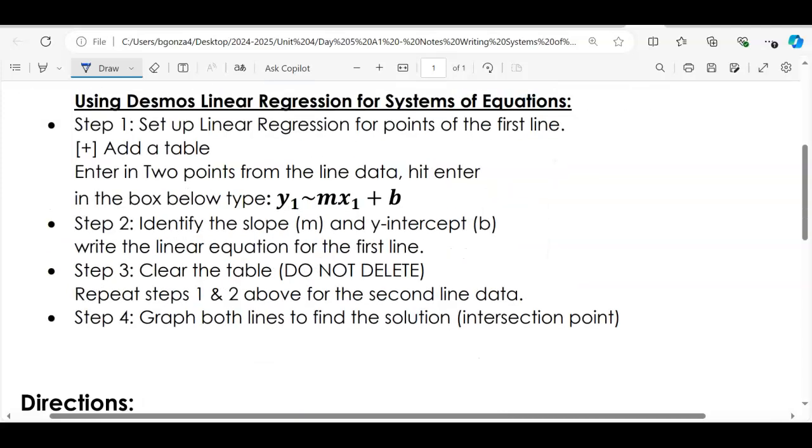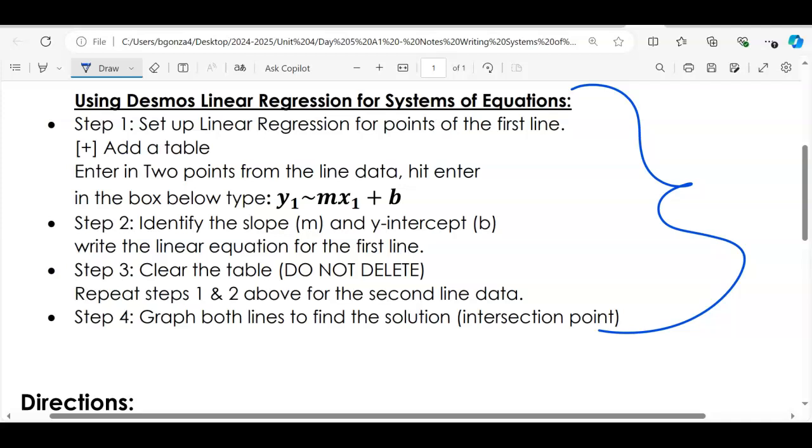I'm going to show you what to press, and this is the notes right here, okay? Step 1 is you're going to do a linear regression. Again, we did this 10-15. Okay, now all you got to do is add a table, and notice it says you're going to put just 2 points.